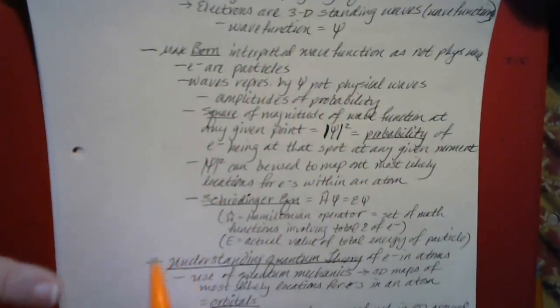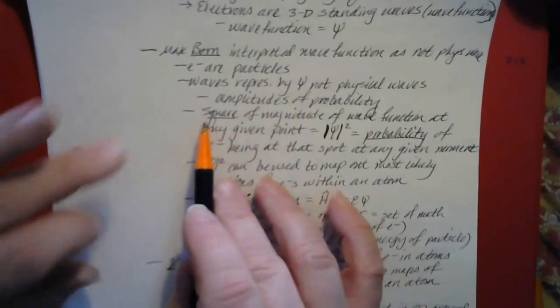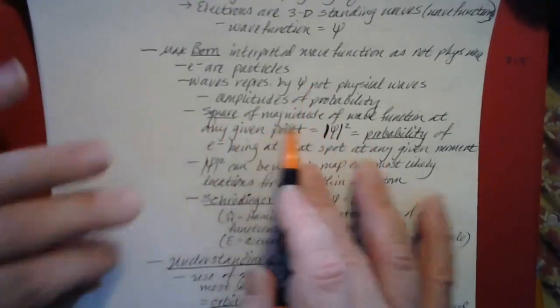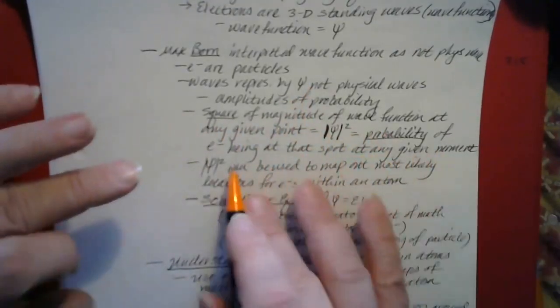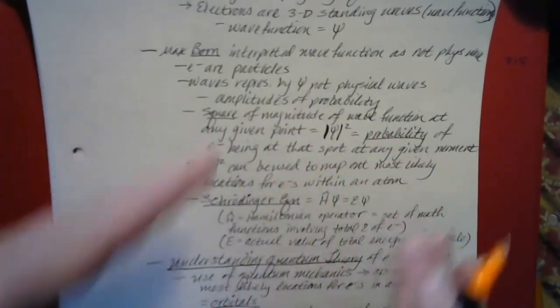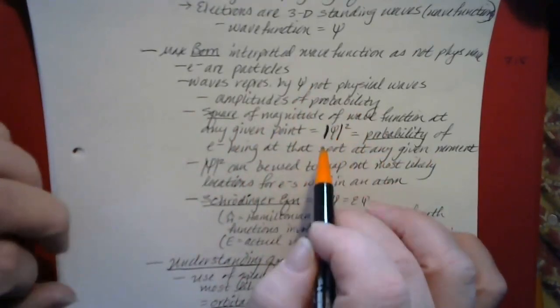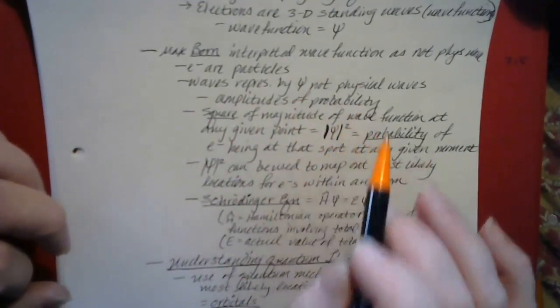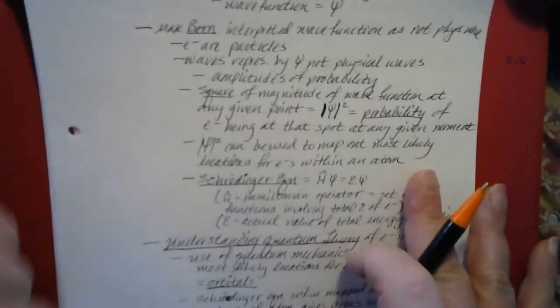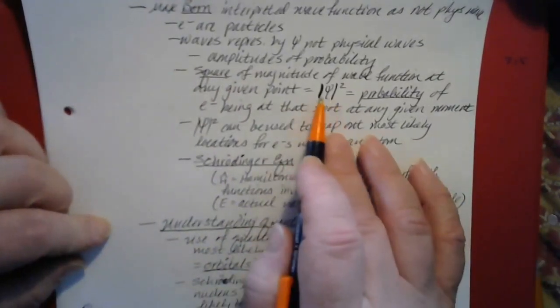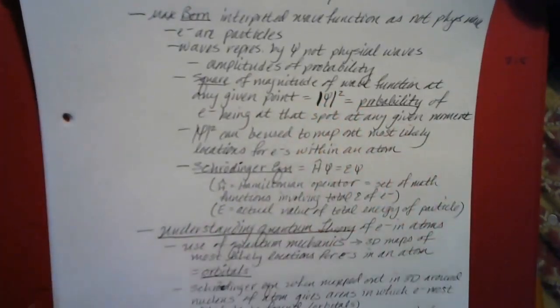That is probability that an electron would be in a given spot in a given moment. And it so happens that when you take the wave function squared, then what you get is the probability of an electron being at any given spot at any given moment. And this is just the absolute value of psi squared, because the probability can't be negative. 0 is the smallest probability you can have. So if psi squared comes out to be negative, well, you take the absolute value of it.